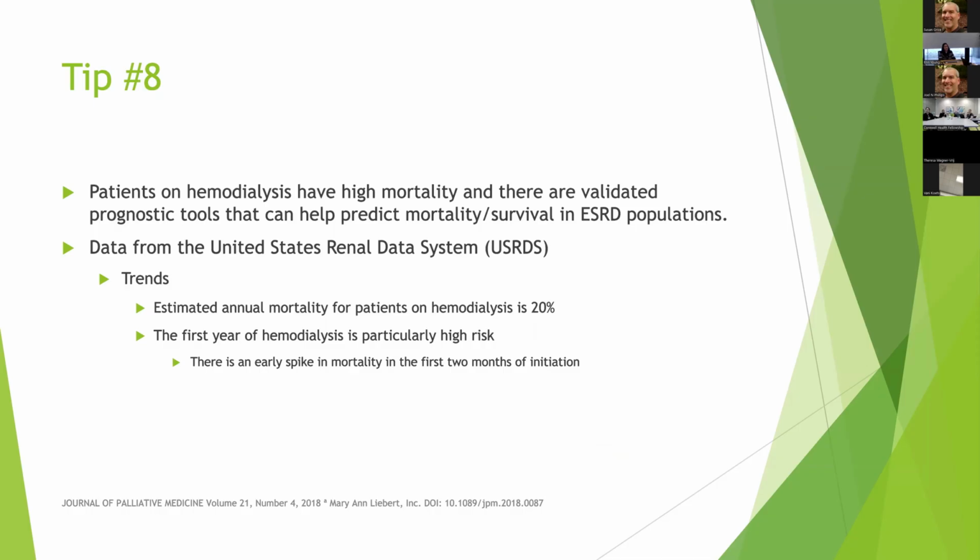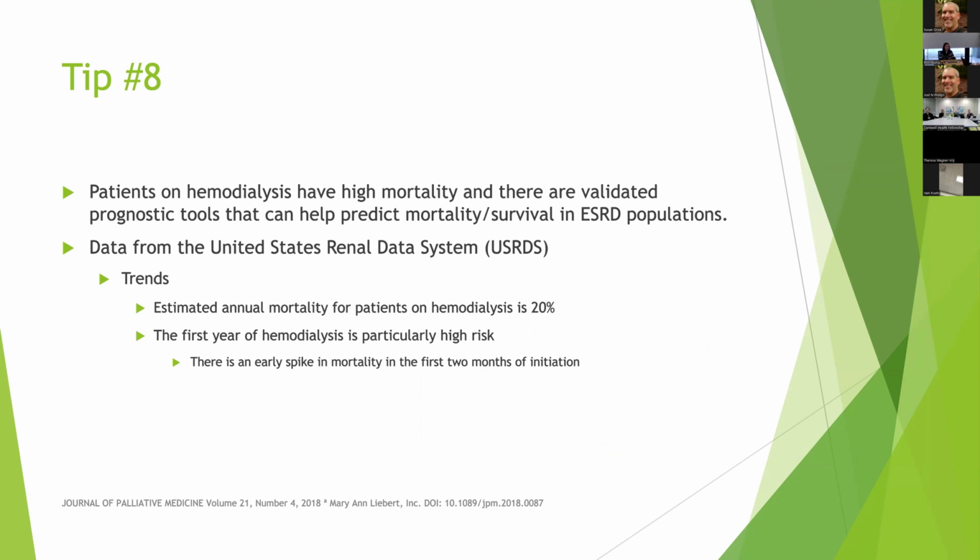Tip 8, patients on hemodialysis have high mortality, and there are validated prognostic tools that can help predict mortality and survival in the end-stage renal disease population. So this comes from a large data set from the US Renal Data System.